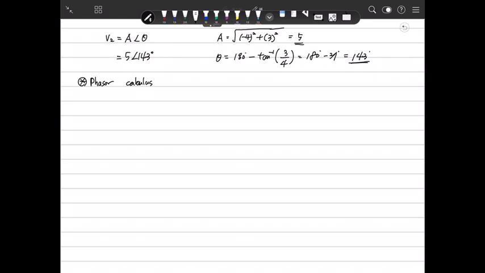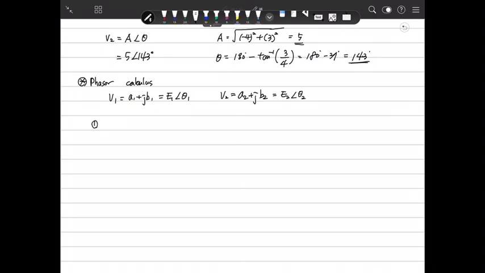If we have the phasor V1 as a complex number, A1 plus j B1, that can be expressed in polar form as E1 and theta 1. And we have another phasor, V2, A2 plus j B2 in rectangular form, that can be expressed as E2 and theta 2.